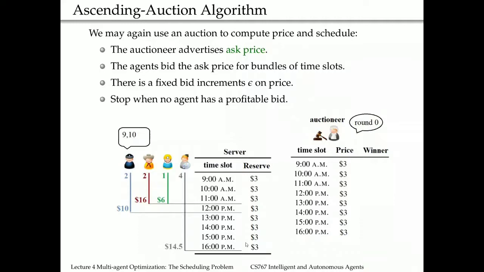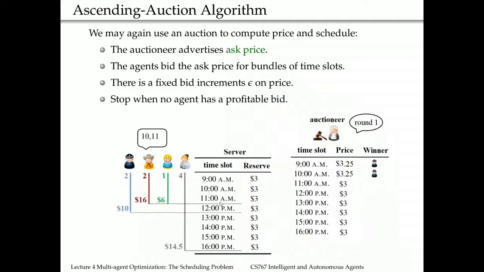Notice that he only indicates which time slots he wants to bid on, but he has no power to set the price because the price is fixed. If he bids 9 and 10, then necessarily in the next round, the price for these 2 time slots increases from $3 to $3.25. Right. So now the winner is the first agent getting these 2 time slots, and this will ensure that the agent will finish the job on time. And then we go on to the next round.